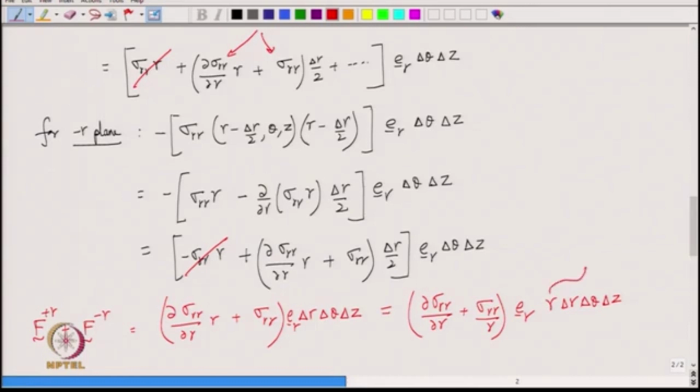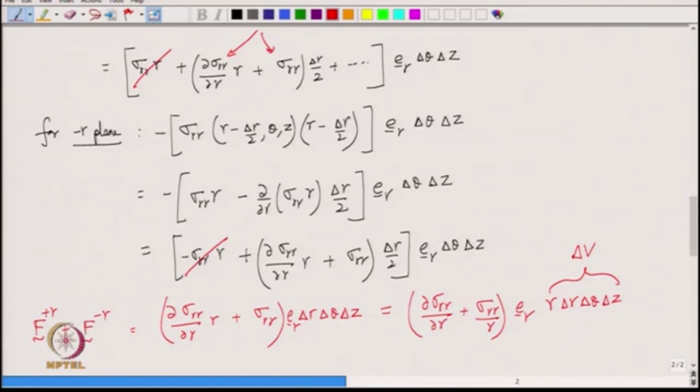But what is this combination here? That is nothing but the volume of the cylindrical element. So, that is delta V. So, we get an extra term here, sigma r r by r also. If this were Cartesian coordinate system, we would have simply gotten del sigma r r over del r into E r times delta V, but now we have an extra term.